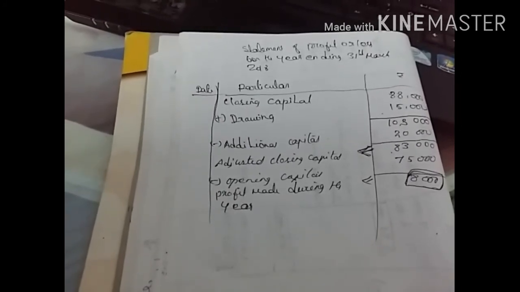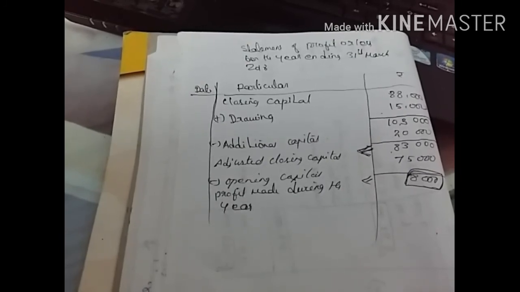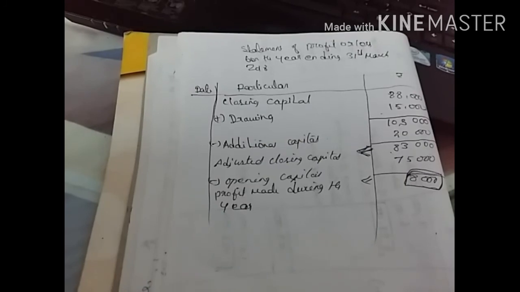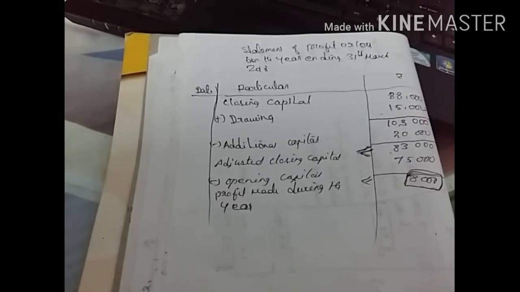So in this sum we have to prepare a statement of affairs and a statement of profit. What is the purpose of opening a statement of affairs, children? We have to find out the closing capital. If you want to find the profit or loss, we need both closing and opening capital.